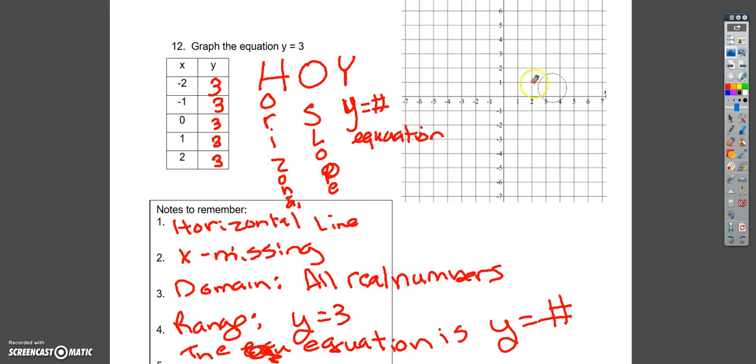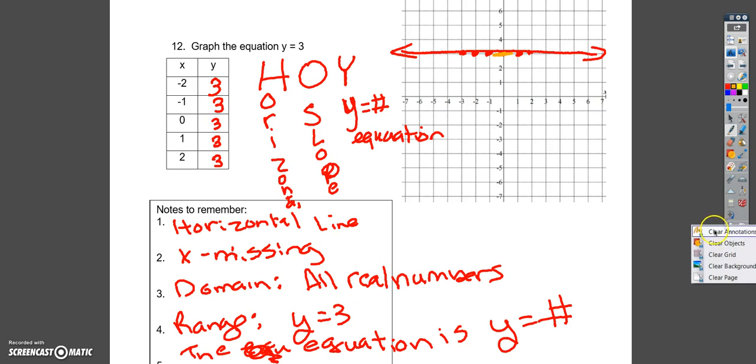This should have been here at 3. But if we drew our lines to get our range, it's only going through 3, so that's why our range is y equals 3. Alright, on to the next.